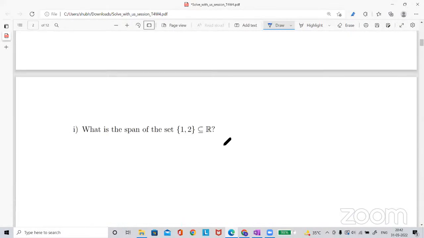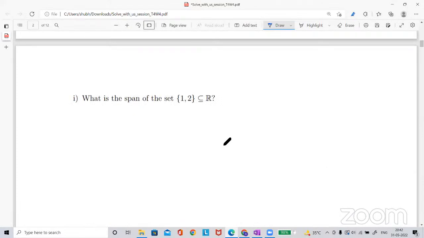Okay, so I already have this question. What is the span of this set? This is also a vector space. The real line is also a vector space over R itself, with respect to the usual addition and scalar multiplication.